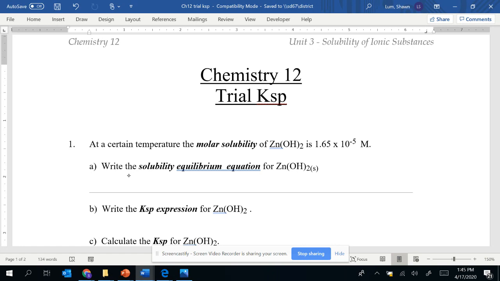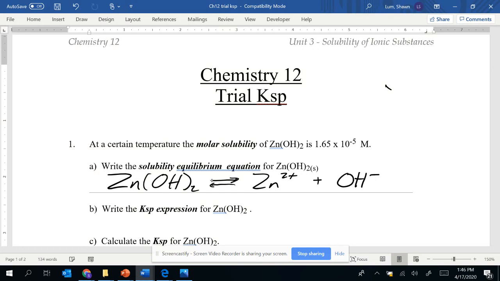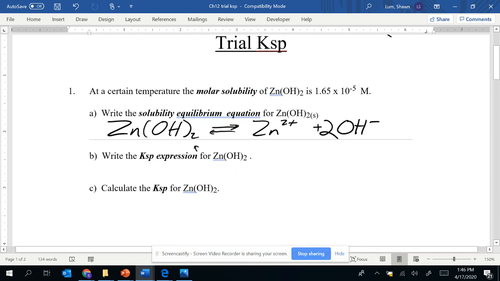So it's going to start us off with a nice easy question: Zn(OH)2 solid, sometimes I'm bad about writing these things, equilibrium Zn2+ plus OH minus. There are 2 OHs there, so we have to balance this equation and write the 2 right there. Okay, so there is our equilibrium equation.